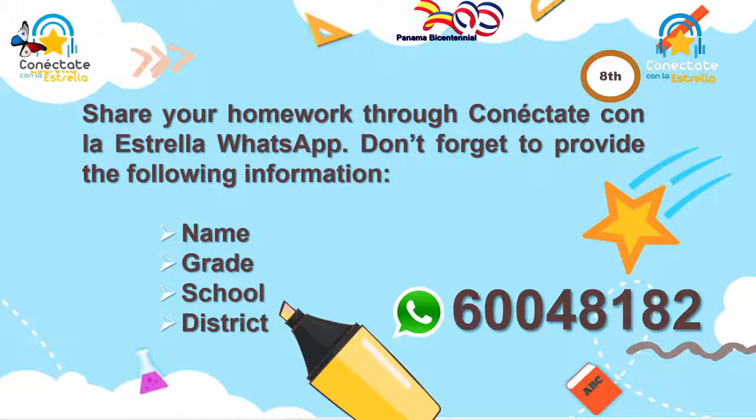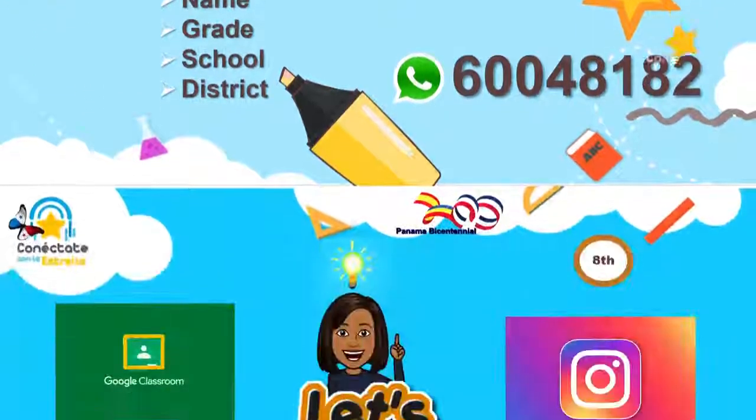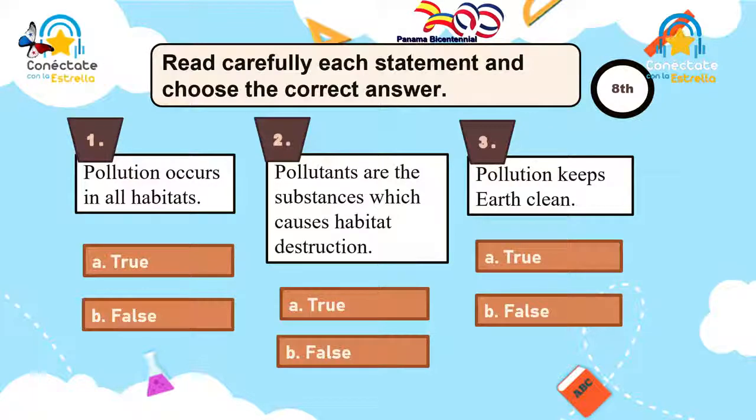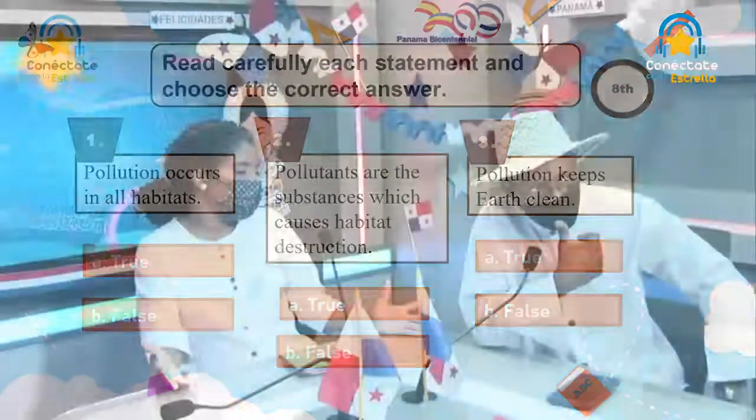Practice. It's the key in English. Read carefully each statement and choose the correct answer. Number one, pollution occurs in all habitats. Pollution occurs in all habitats. That's a good question. Okay, as we say, Panama has the pleasure to have diversity.